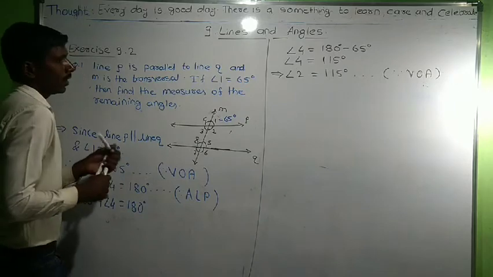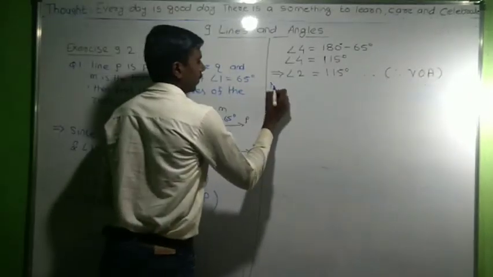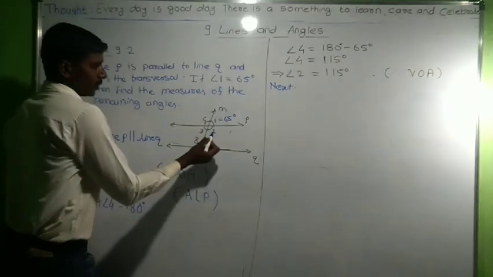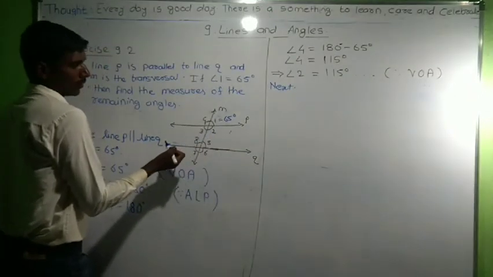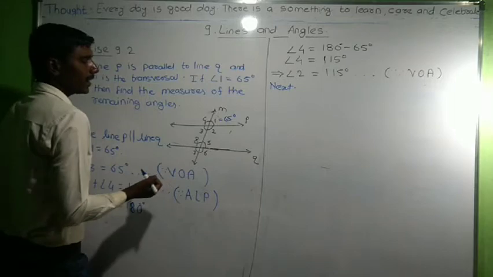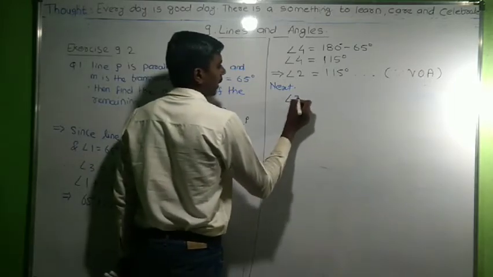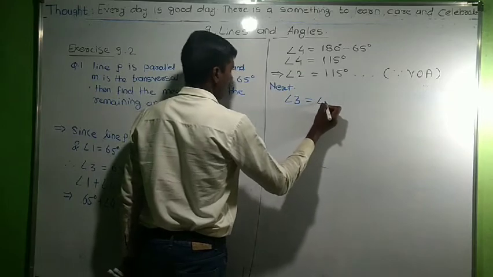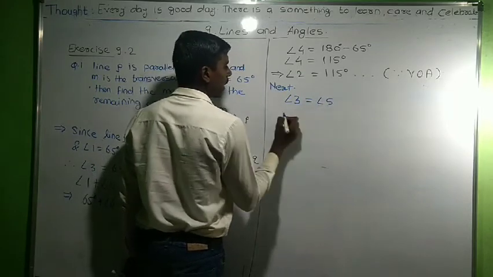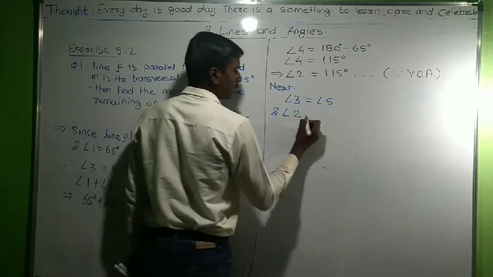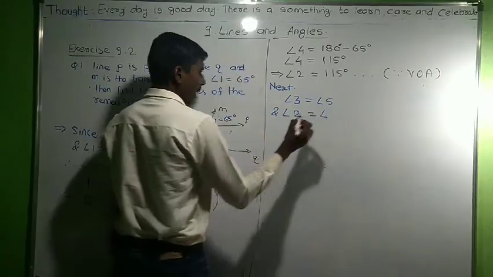Next we will write here: angle 3 and angle 5 are alternate angles, and angle 2 and angle 8 are alternate angles. Angle 3 is equal to angle 5 and angle 2 is equal to angle 8.